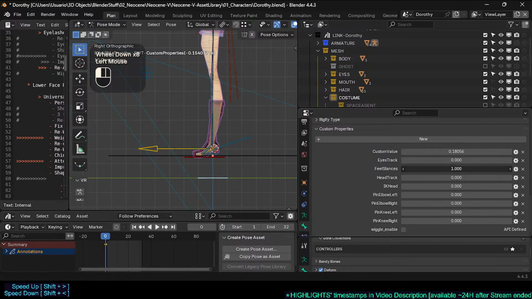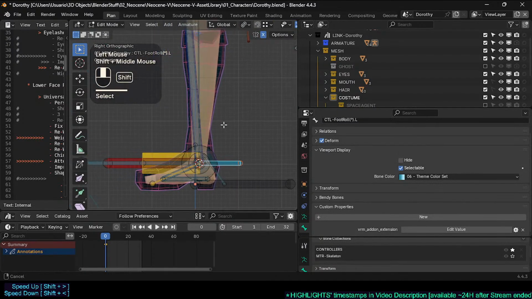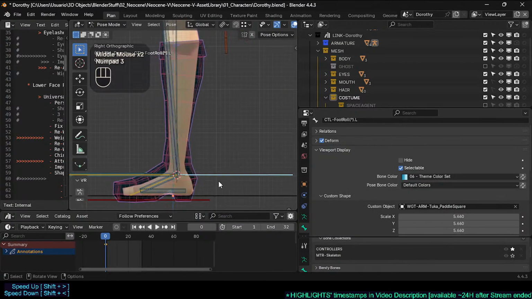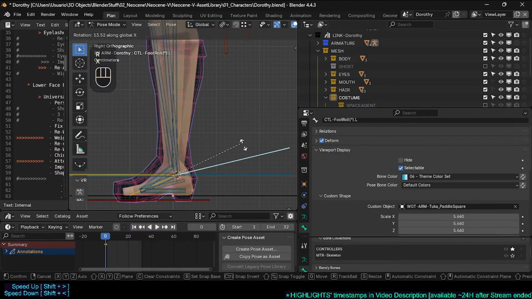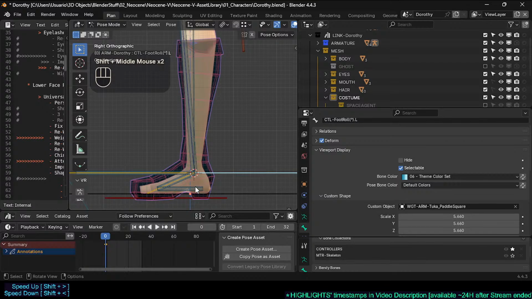I want to zero this fit stance. Okay, we zero this. So you see, here is the foot roll controller bone for this side. We see that the flat foot of the character is fine, but the boots are not fine.